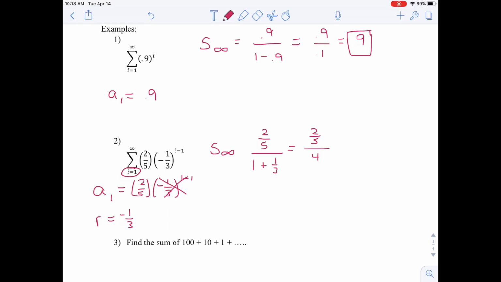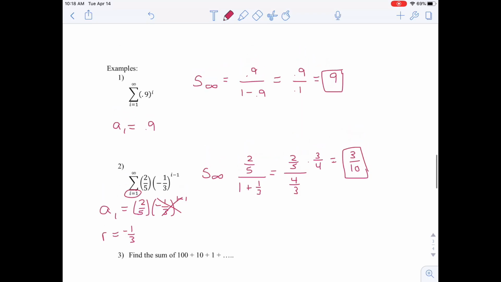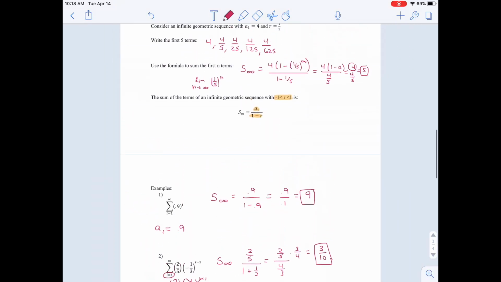So we end up with 2/5 over 4/3. Multiply by that reciprocal, 6 over 20, or 3/10. So this infinite sequence sums to 3/10. That series is going to have a sum of 3/10.